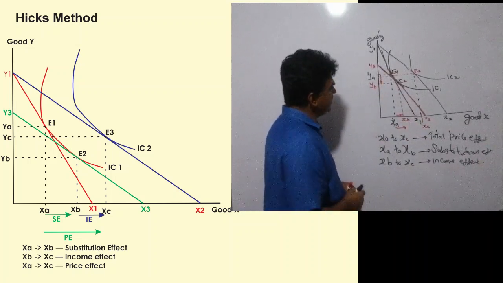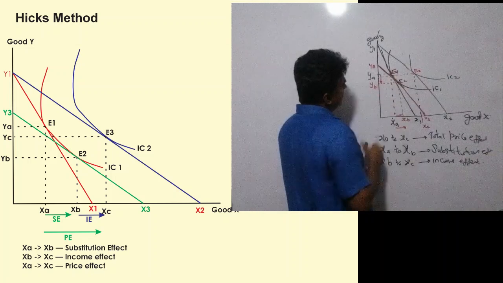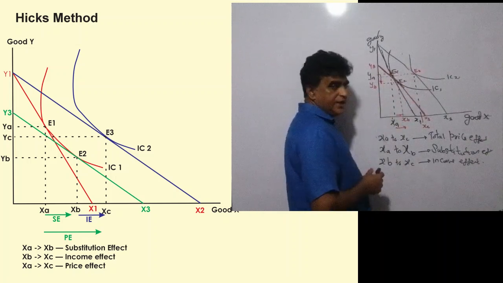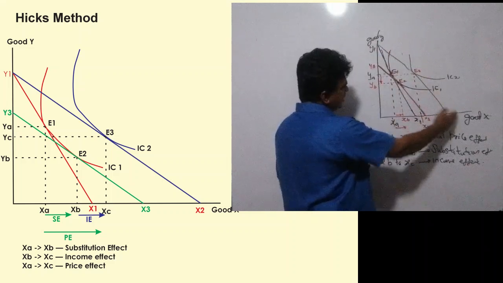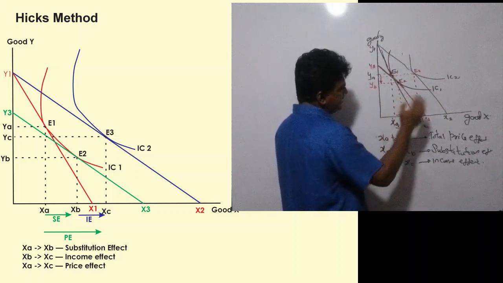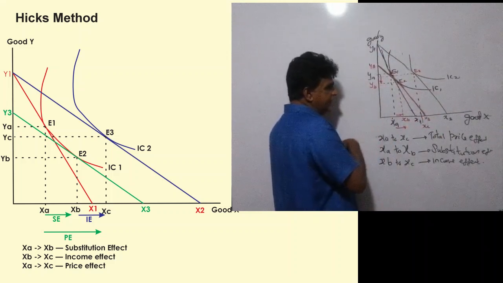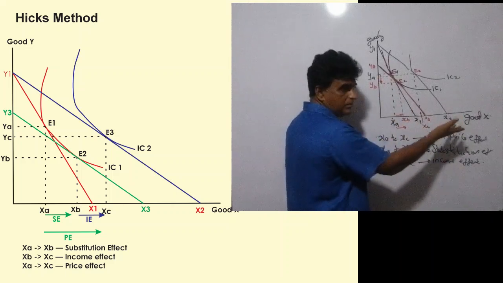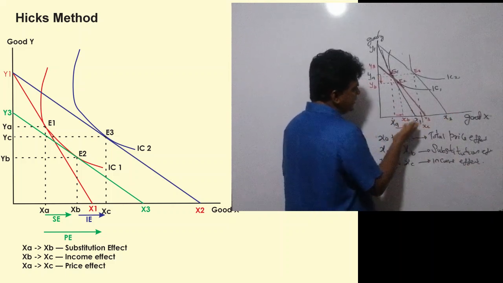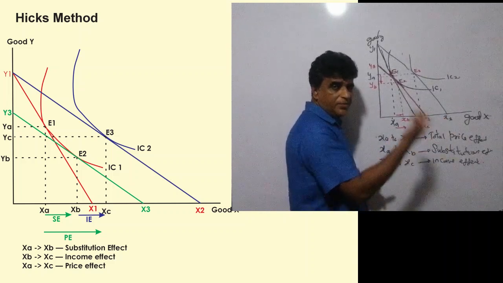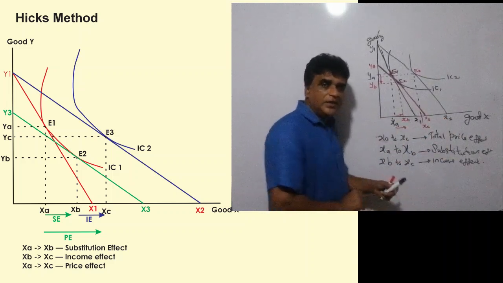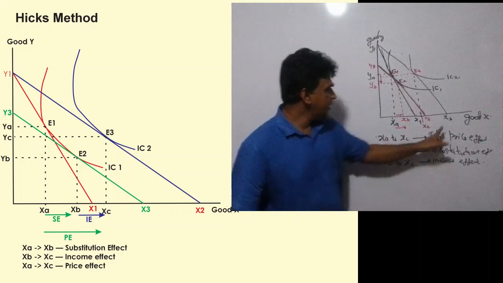E1 is the initial equilibrium. Now the price has changed. The price has decreased, so the consumer's real income increased, and consumers are going to consume more of good X. Why? The price of good X has reduced, right?